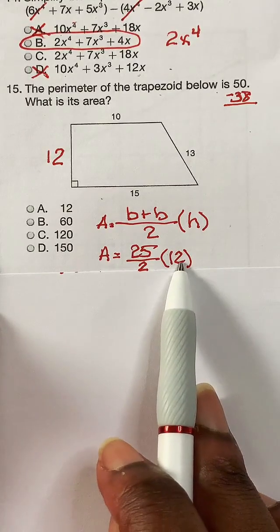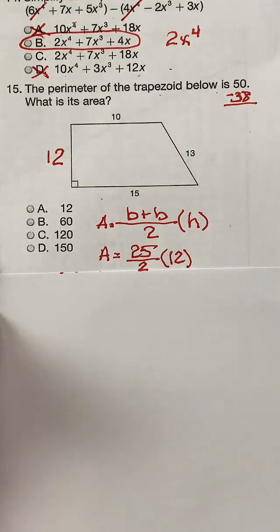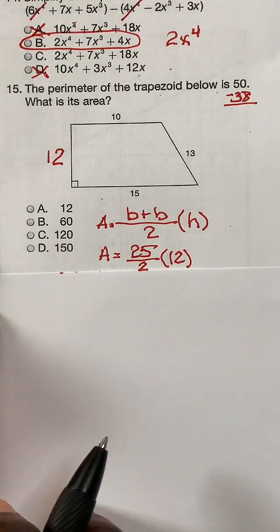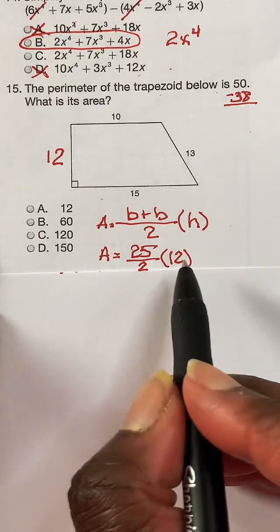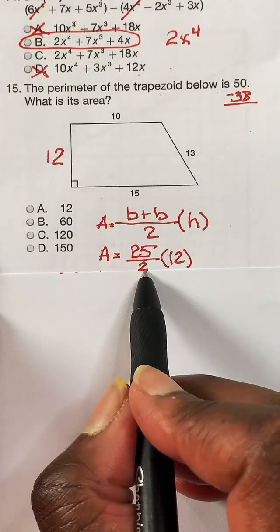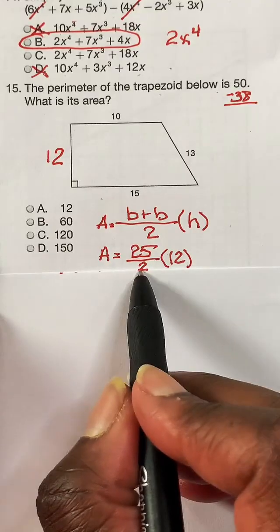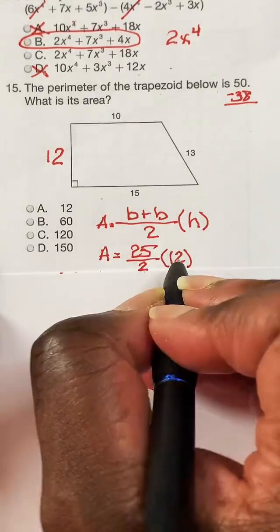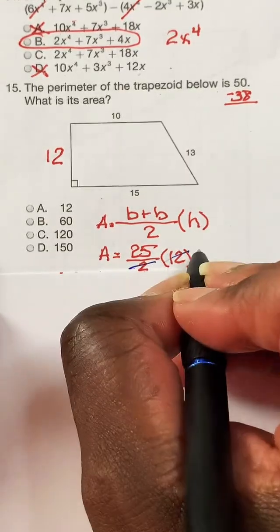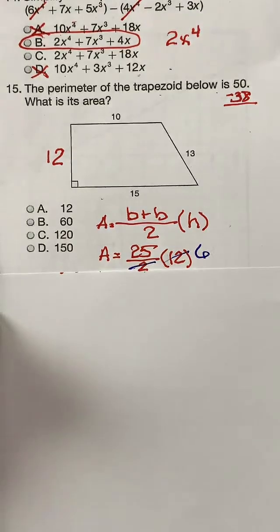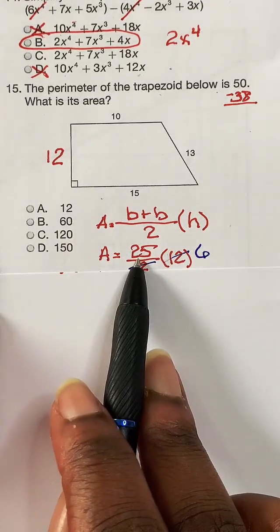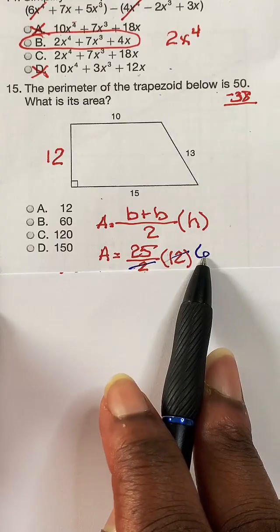But here's one way you can simplify it, because on the GED, the ASVAB and the AccuPlacer, you cannot use a calculator. So let me show you a couple of shortcuts. Since we have this 12 and this 2, we can divide these two. 12 divided by 2 gives me 6. So now I can multiply the 25 and the 6.